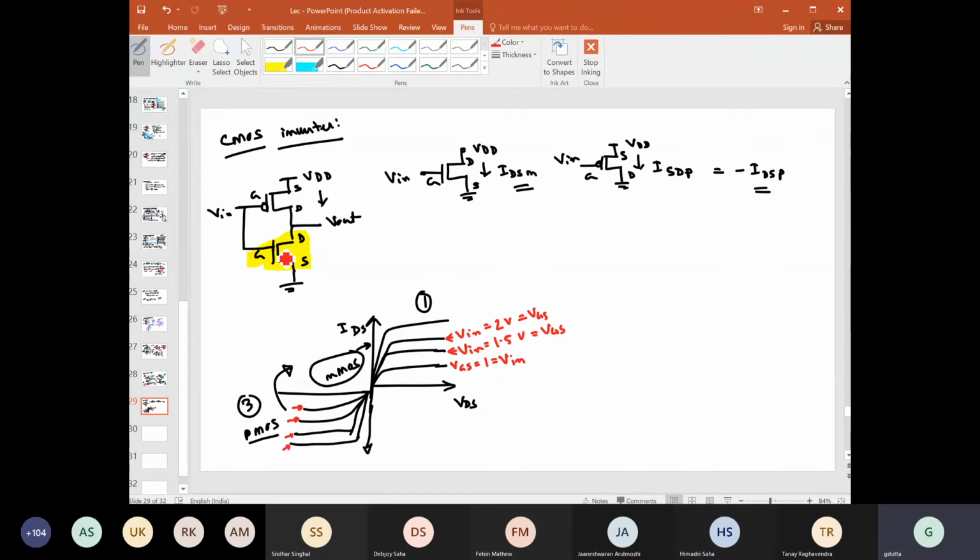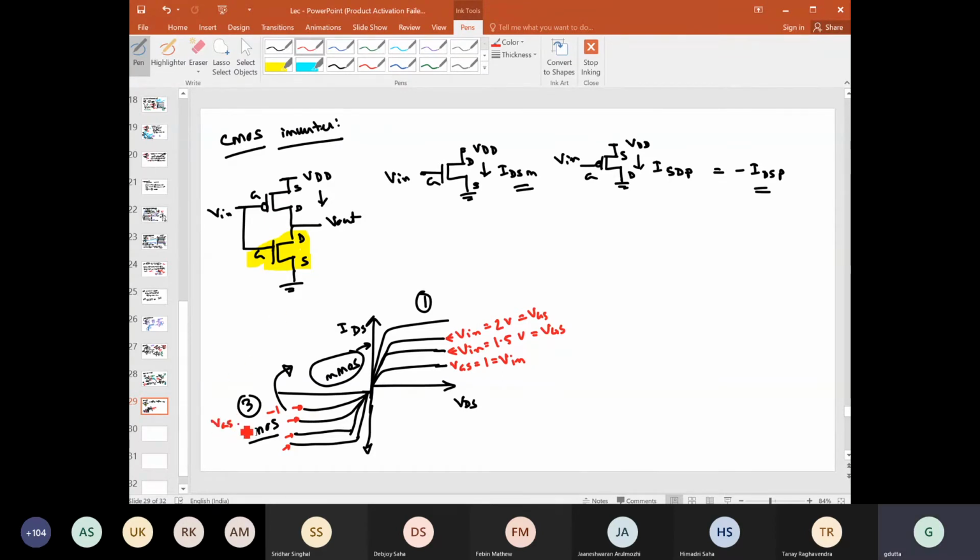Is it positive or negative? Negative, right? So for this PMOS, suppose the threshold voltage is minus 0.5, and for NMOS it is plus 0.5. So this is minus 1 volt. This minus 1 volt is VGS, isn't it?